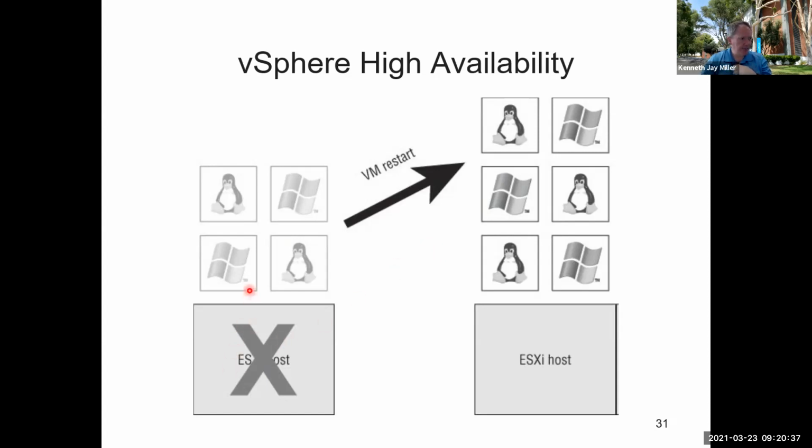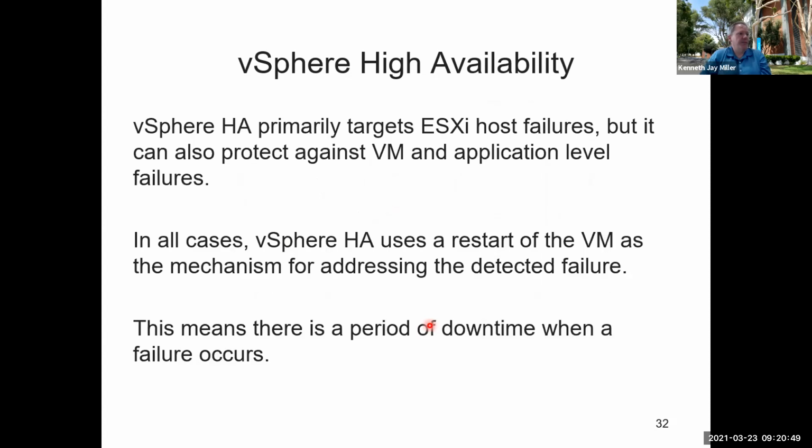If this one goes down, these VMs are moved over here, and whatever else was there is also running, and they will start up and run there. So high availability is designed to deal with ESXi host failures. It's the hardware failure at the virtual layer. When the virtual system itself goes down, it will help us with that.